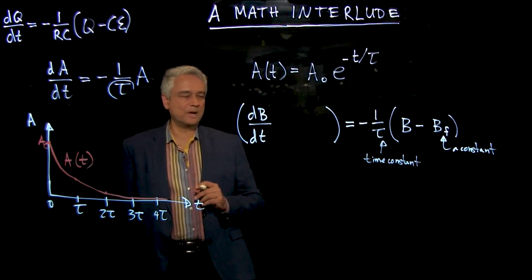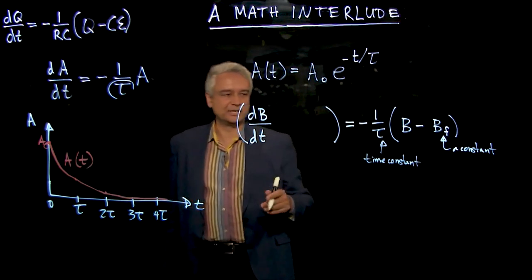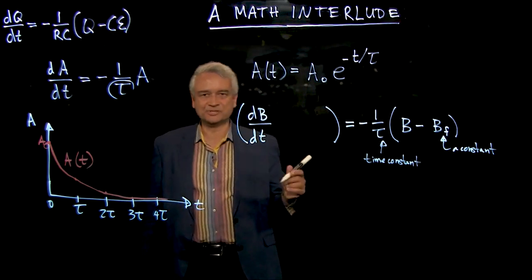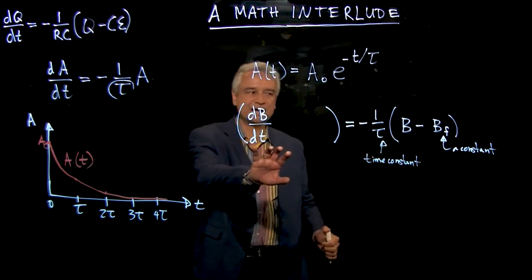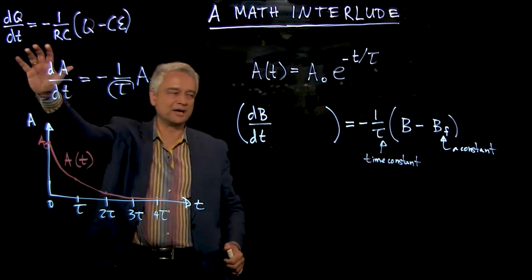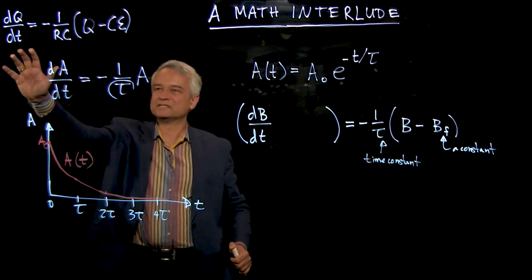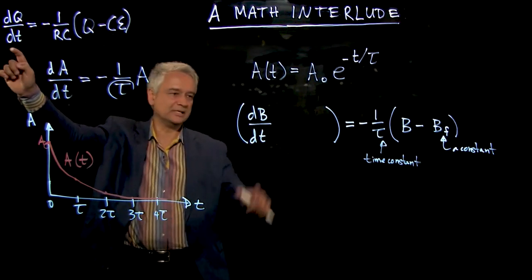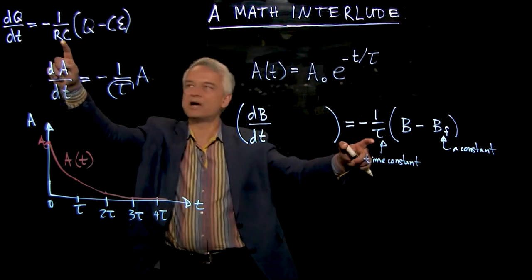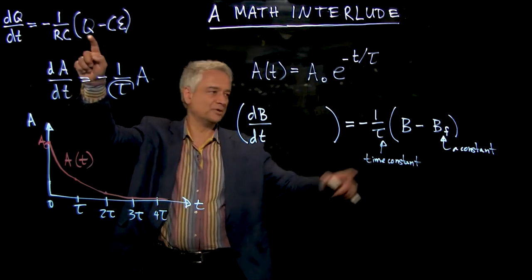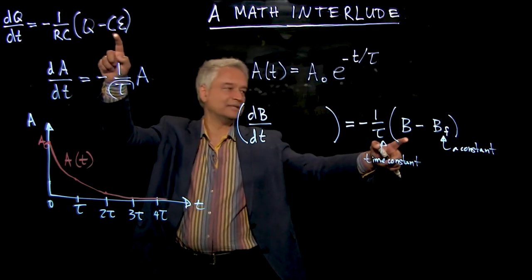Okay, so it would be interesting to me, the physicist, to solve this math equation. Why is that? Well, let's look at this math equation and compare it to this equation that we got from the physics. In the physics equation, dq dt, so q is b, minus 1 over rc, so tau is rc. There's q, that's b, minus c epsilon.